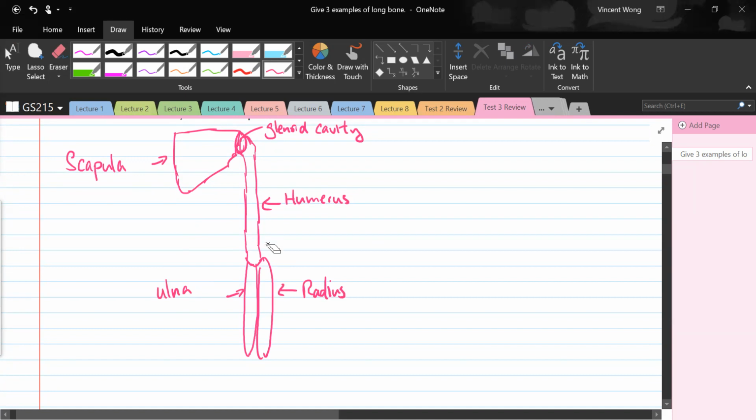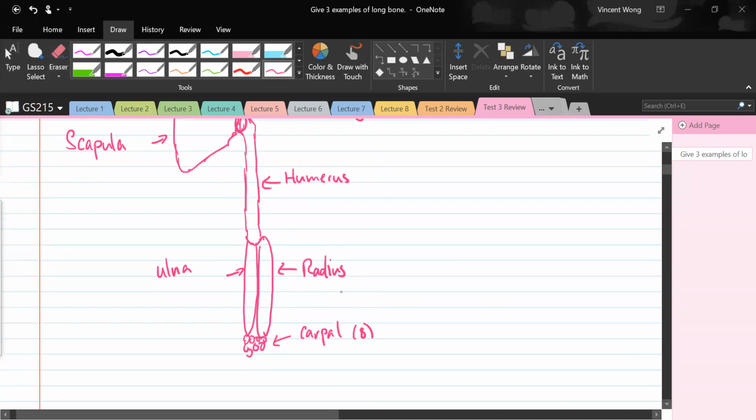The elbow is a hinge joint between the humerus and the ulna. We have some smaller bones here that make up the carpals, and we have 8 of them.